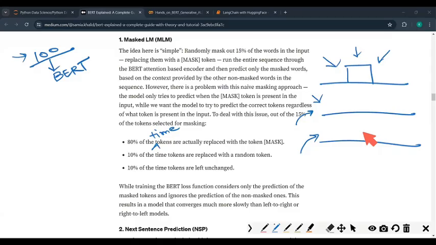So three different challenges are there. And once it has been trained on these three challenges, then when you ask it any question, it will be able to answer that correctly. It will not say to the user that you need to give me a masked kind of input.